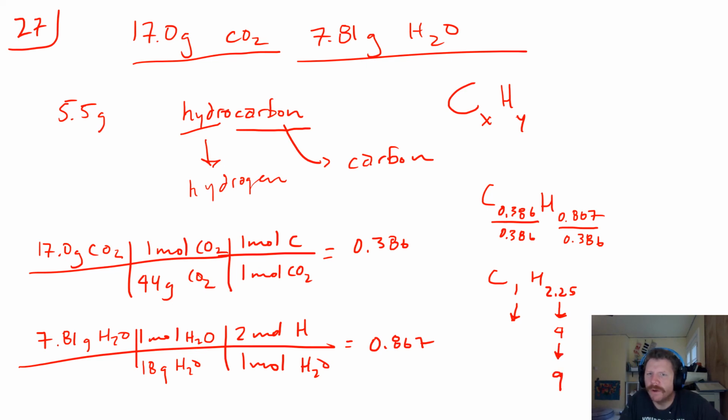I can do that because all that I do is take my H and raise that subscript. So what should I do to the subscript for carbon? The exact same thing. I should raise that to 4. So C4H9 is the answer that I got for that question.